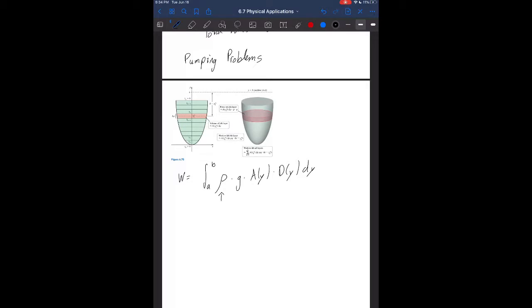So rho, again, is going to be density. Often we're going to be dealing with water in this class, which has a density of 1,000 kilograms per meter cubed. That's how we define these measurements. This g is still going to be gravity. This A of y is going to be a cross-sectional area.